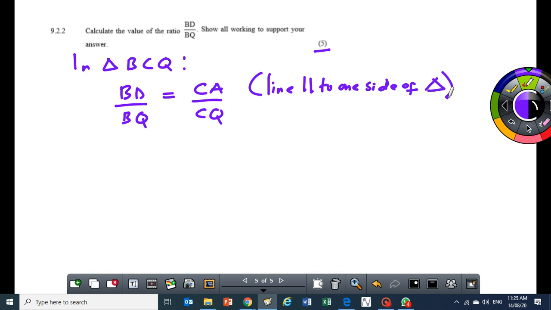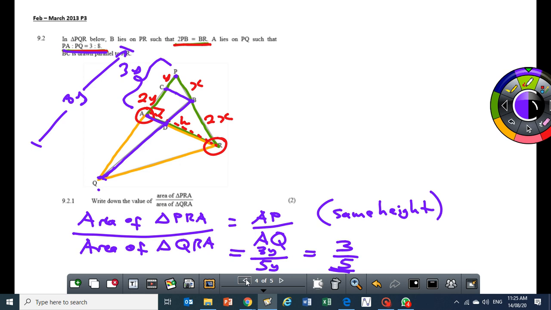Then from there, based on this diagram, my CA is equal to 2y, and my CQ is going to be equal to, now remember we want CQ from here up to there. The total for PQ is 8y, and we've got this small portion which is equal to y. So CQ is going to be equal to 7y.